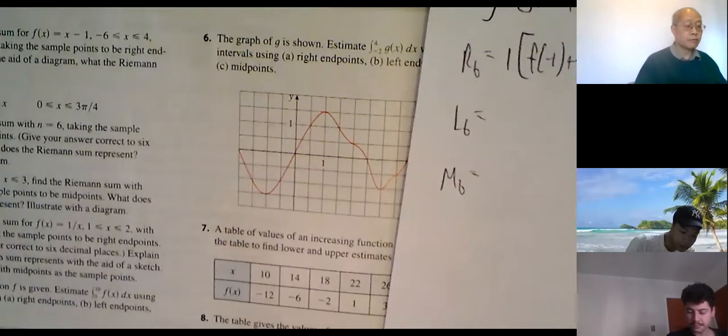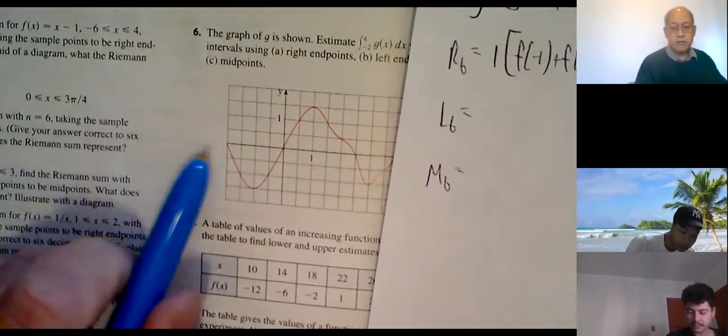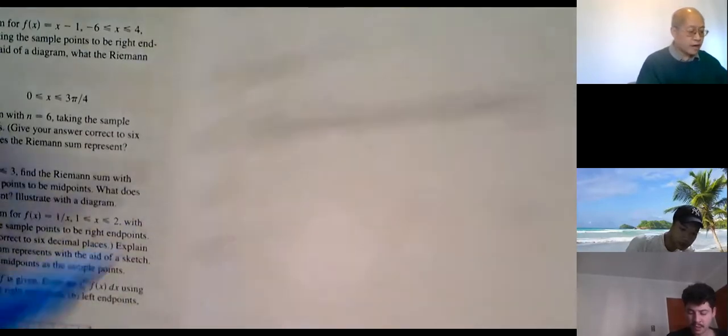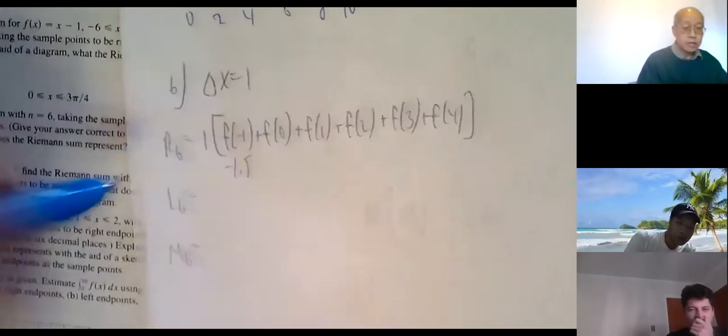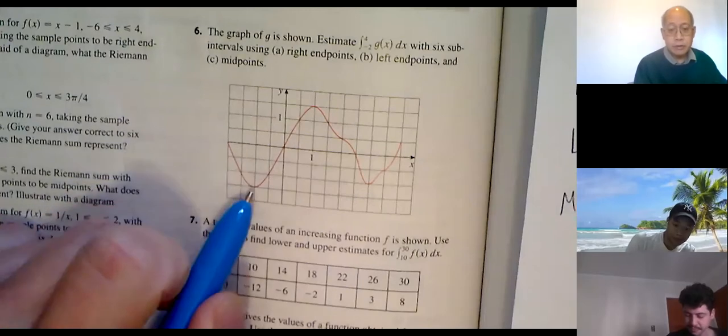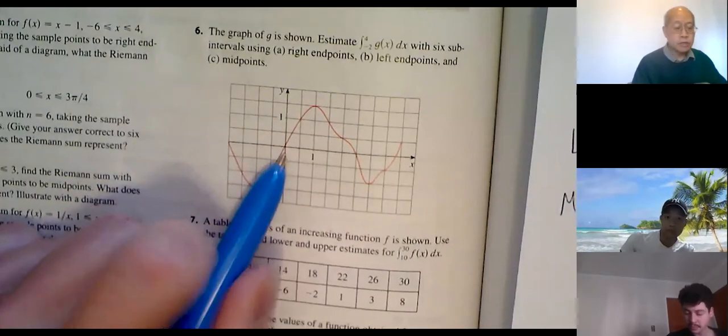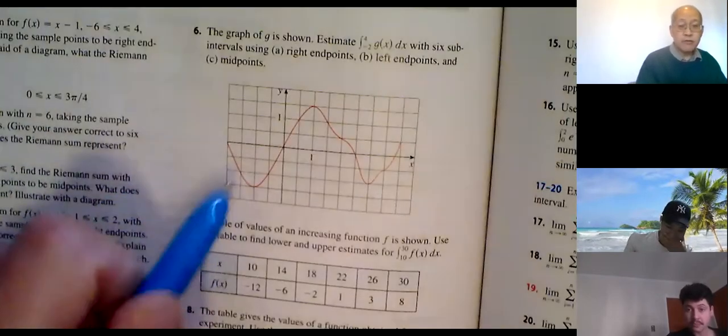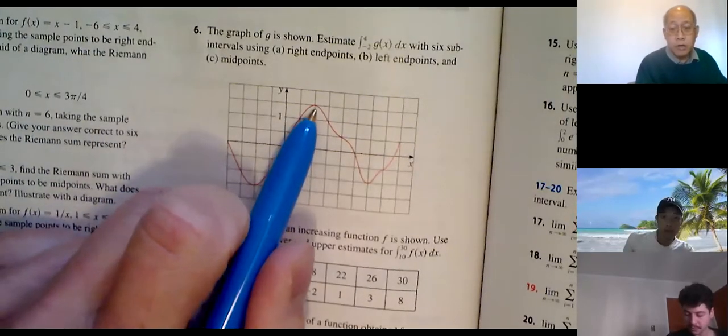Okay, and now I have to read them off. So the function value at -1 is -1.5. Keep in mind, each square is a half. There's 3 of them. F of 0 is 0. F of 1 is 1.5.